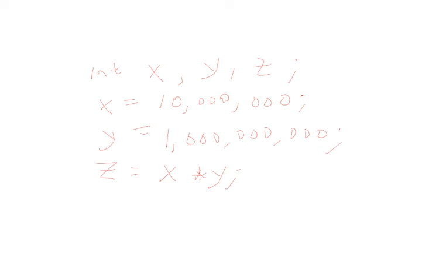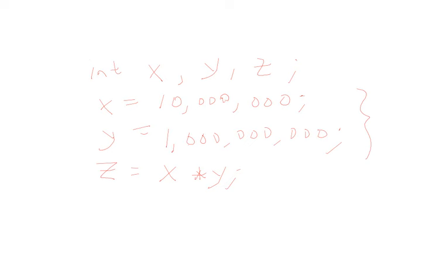So both x and y are within the limit. They're less than the largest number that can be stored as an integer, right? But if I set z equal to x times y, once I take x and y and I multiply them together, I'm going to be well over that 2 billion limit, right?